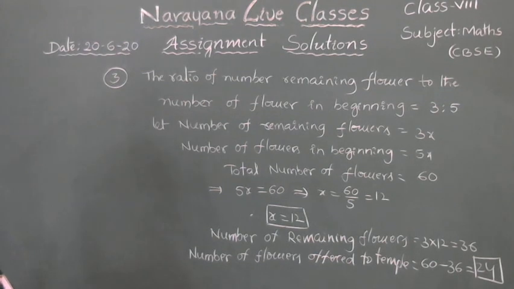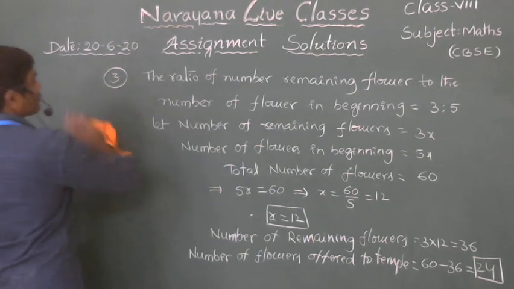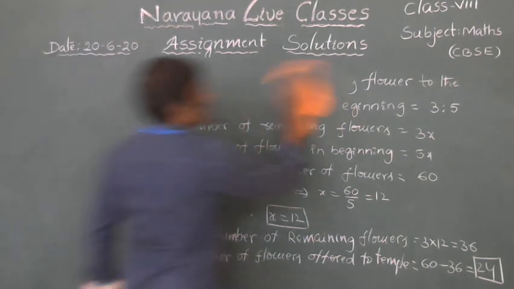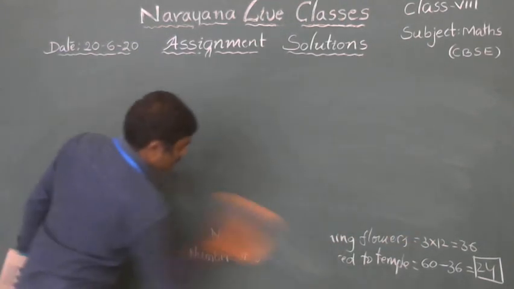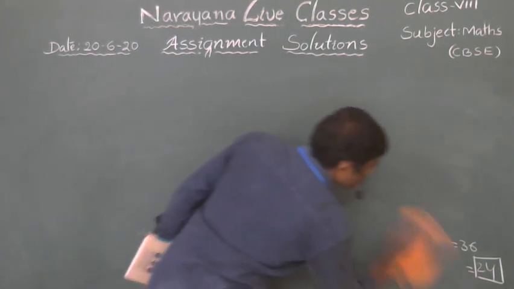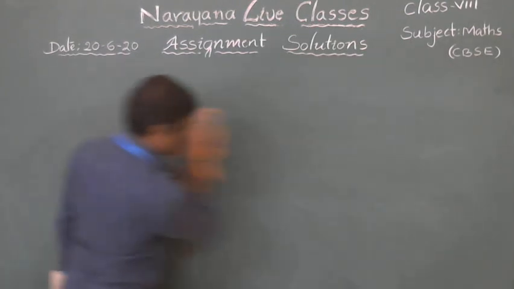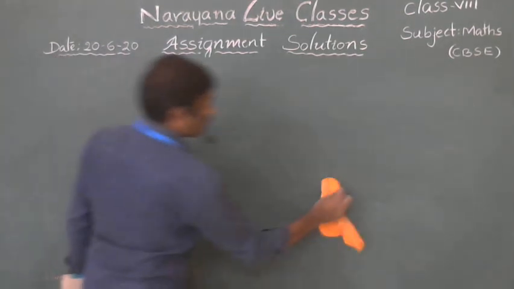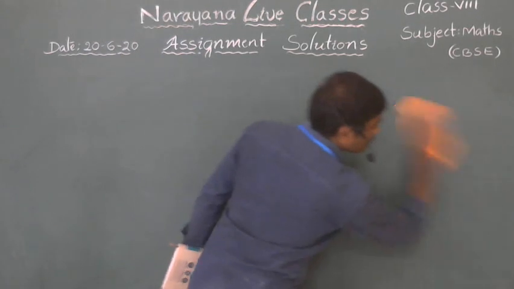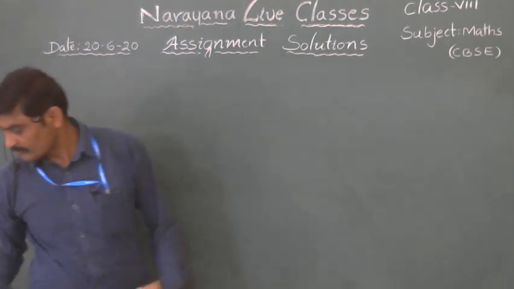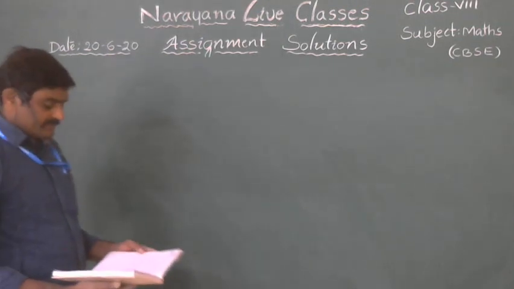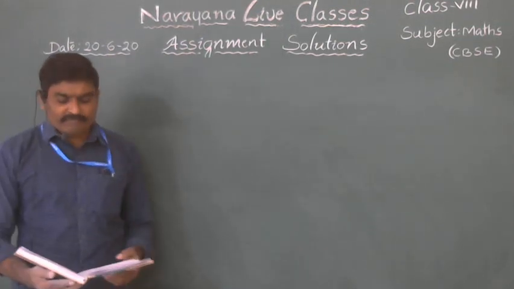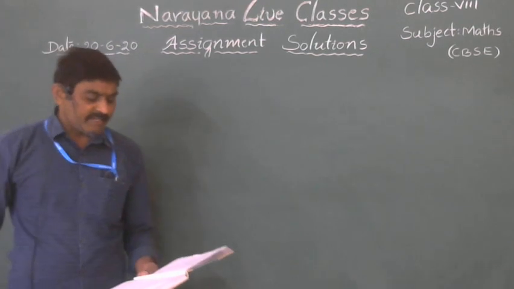Okay, children. Let me explain the last question. The last question is: the sum of the digits of a two-digit number is 11.